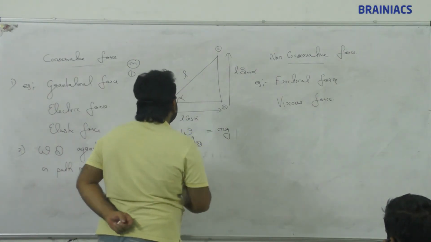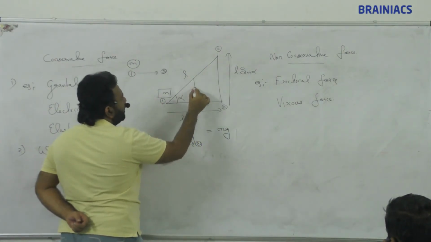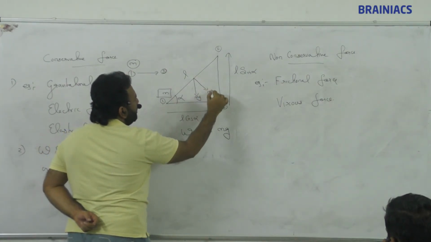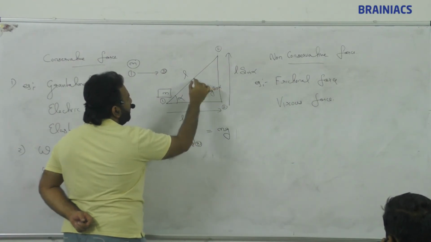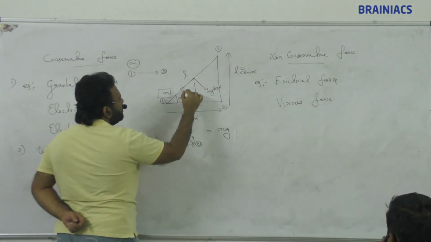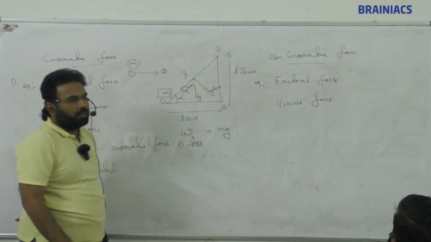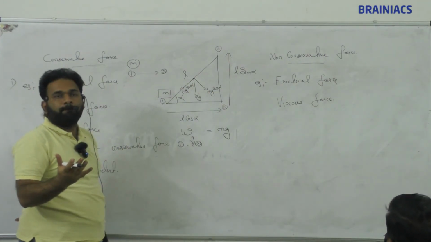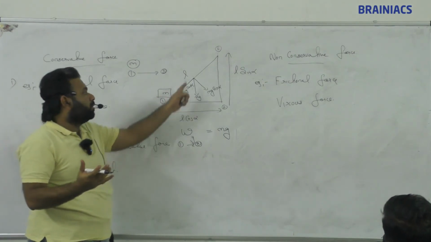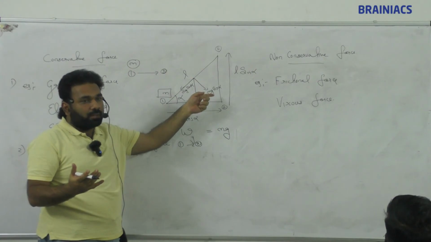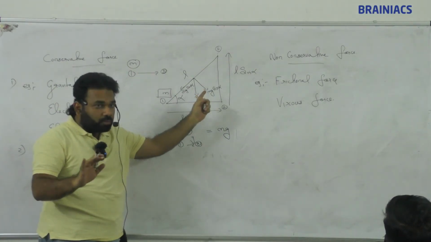This is going to be mg. This component is mg cos alpha and this is mg sin alpha. Due to the mg cos alpha component, what will the work be? If you have any doubt, tell me.